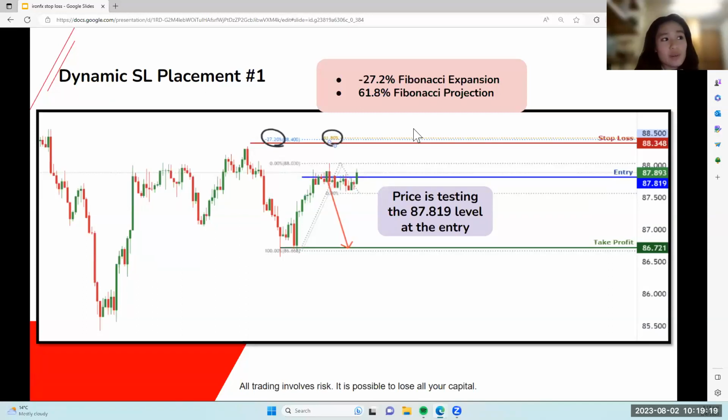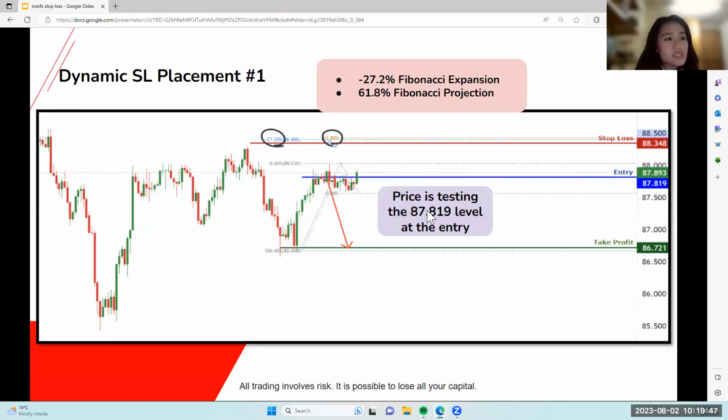When you have a couple of levels that line up nicely, we call that a confluence area. And it's even better if you can find a chart indicator or market structure indicator, where you look at the chart and see that this is a resistance level, and we place a stop loss here. And this stop loss lines up nicely with Fibonacci levels as well, which makes it extra important to take note of.